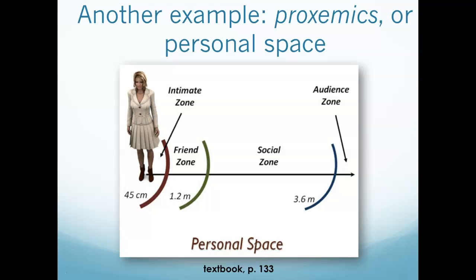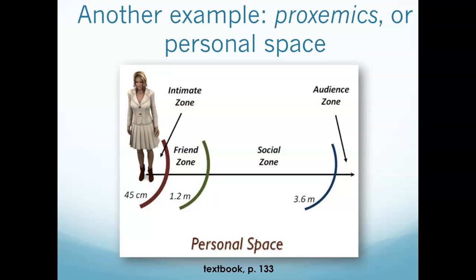Research on personal space by sociologists essentially reveals that one of the unwritten social rules that we live by every day is that we have a very finely tuned sense of how close is too close in terms of somebody approaching us. You can see here on the chart that personal space is divided into an intimate zone, a friend zone, a social zone, and an audience zone.